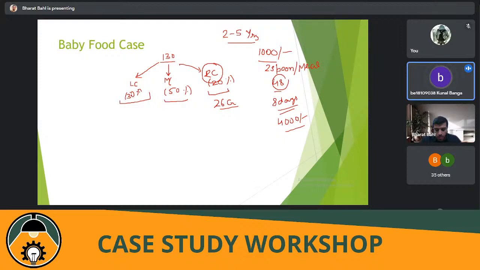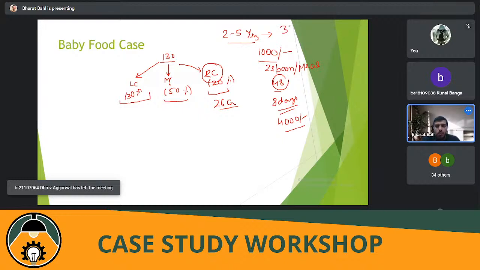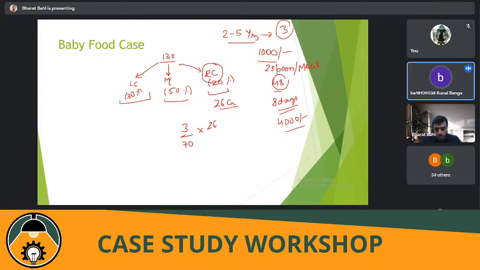Yes, you can assume that. From 2 till 5 years of age, we will have three years: 2 to 3, 3 to 4, and 4 to 5. So we'll have three age groups. So the number of children in the 2 to 5 age group will be 3/70 of 26 crore. Fair enough. So this will give me approximately 1 crore.